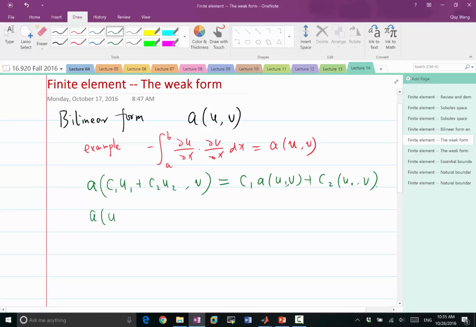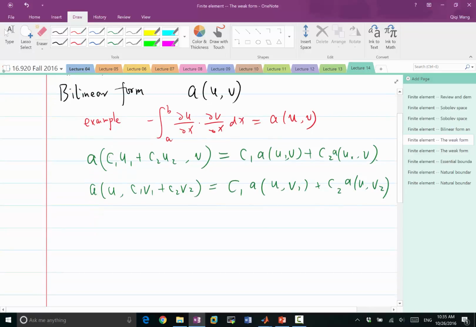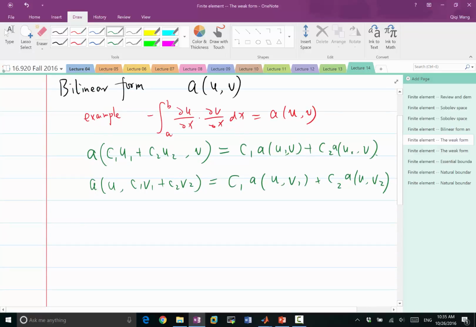It also has to satisfy a similar linearity in the second argument. A of U, C1 V1 plus C2 V2 is equal to C1 times A of U, V1 plus C2 times A of U, V2. So this is the standard definition of what is linear.